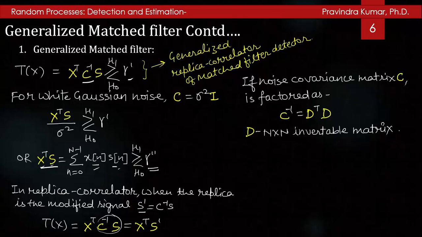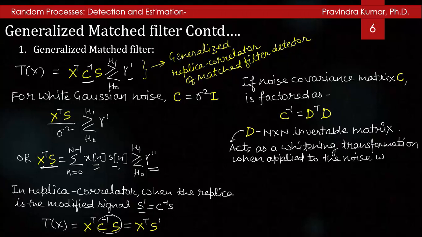If the noise covariance matrix C is factorized as C inverse equal to D transpose D, where D is an n by n invertible matrix, then the matrix D acts as a whitening transformation when applied to the noise omega.